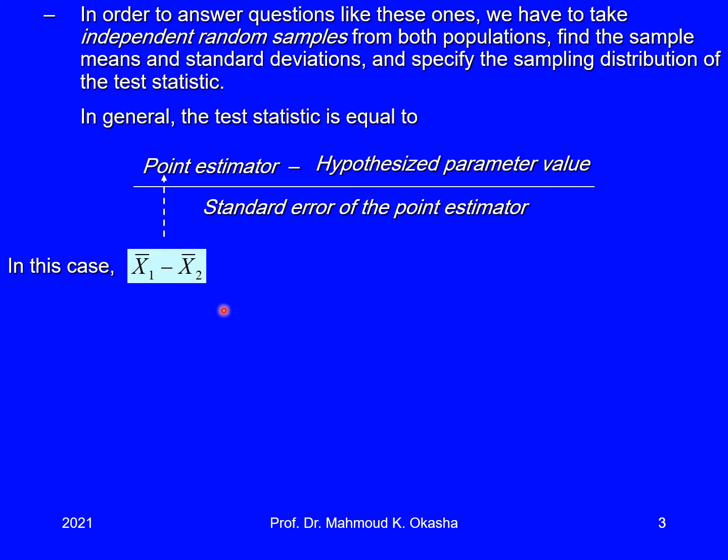And the estimator is a random variable and, like any other estimator, has a sampling distribution. Actually, the sampling distribution for the difference between two means is a bit complicated.